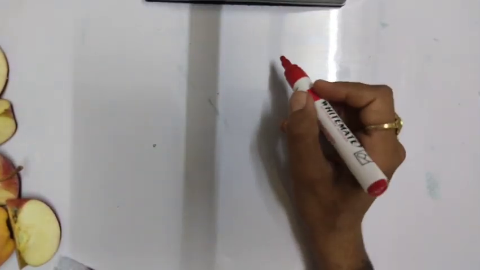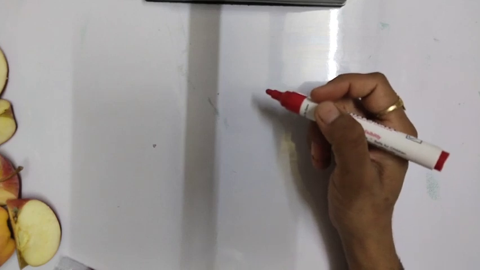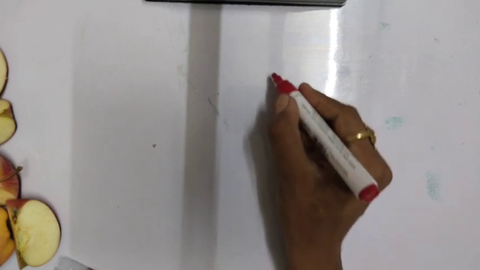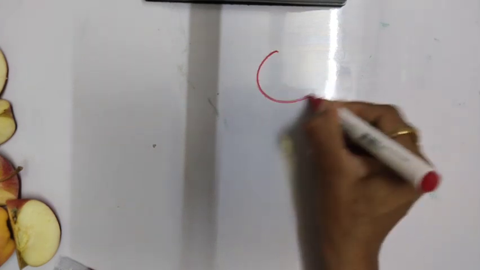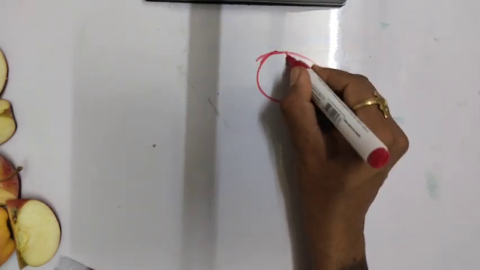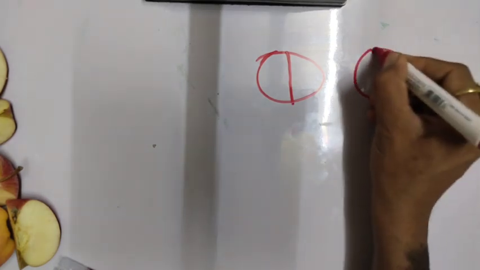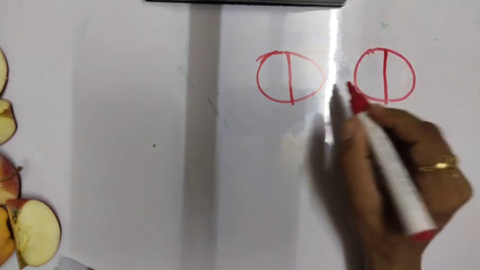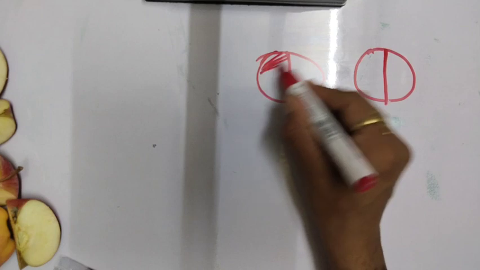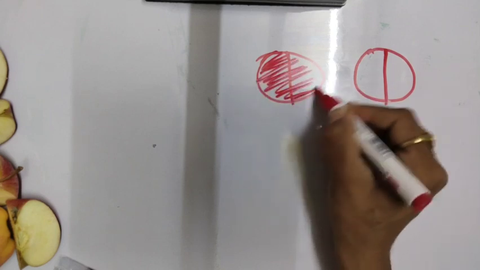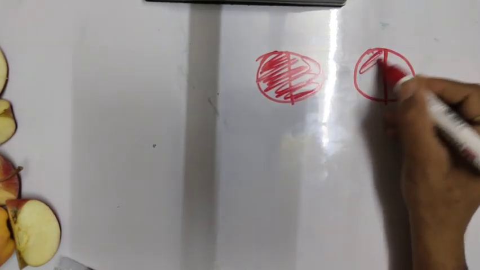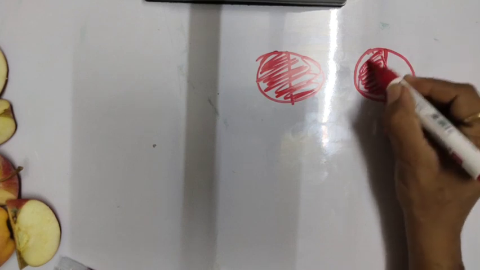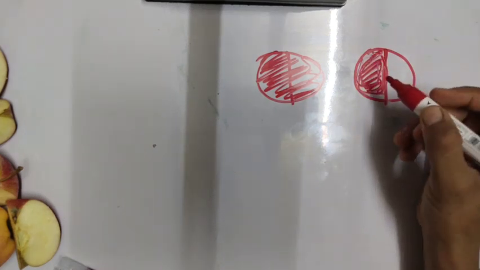Now we are going to discuss how we can represent improper fractions pictorially. For example, this is a circle, and this is also a circle. We shade this one fully, and we shade half of this one.